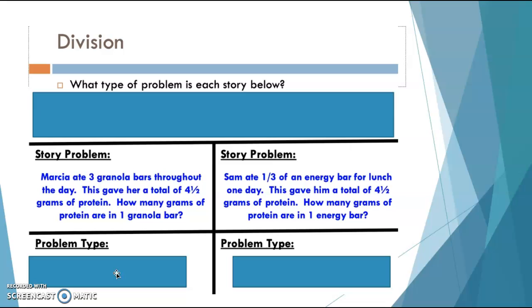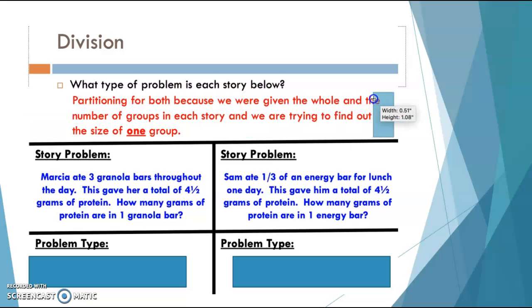And Sam ate 1/3 of an energy bar for lunch one day. This gave him a total of 4.5 grams of protein. How many grams of protein are in 1 energy bar? So the question again isn't how to solve that, but what type of problems.